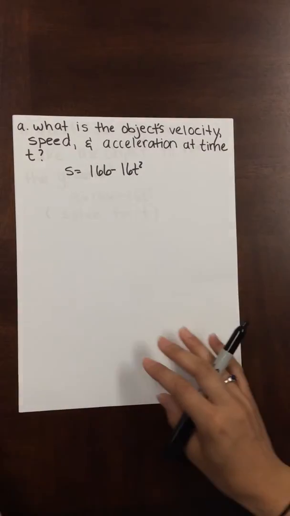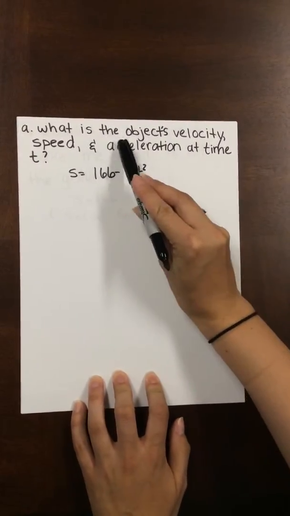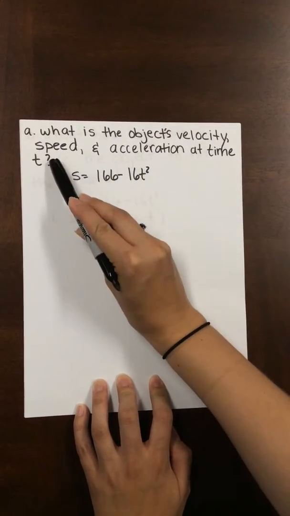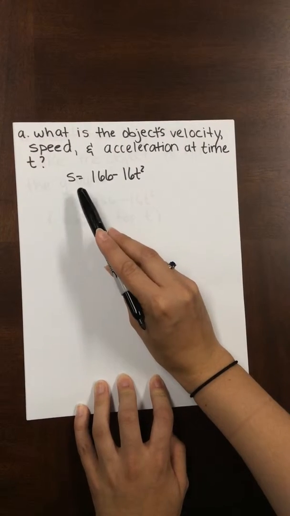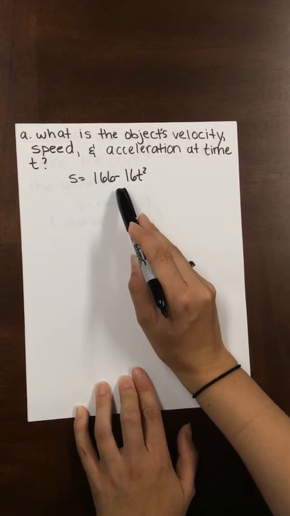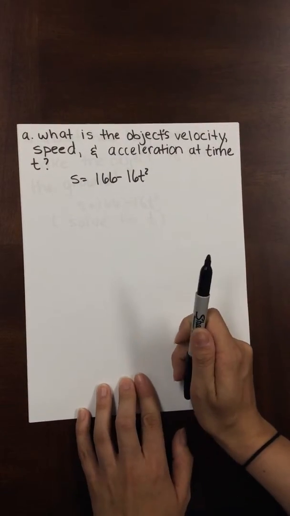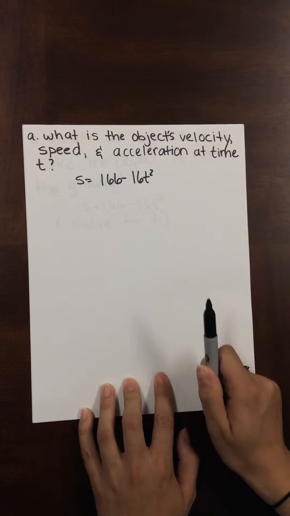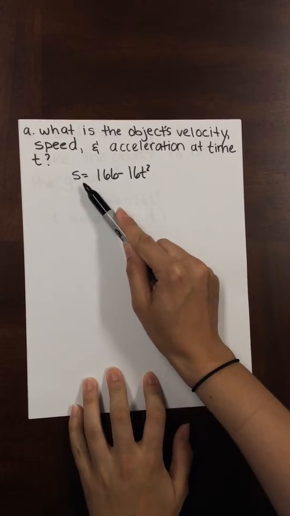So the first section, section A, asks, what is the object's velocity, speed, and acceleration at time t? And I rewrote our equation, s equals 166 minus 16t squared. So, first part is finding velocity, and we find velocity by finding the derivative of our position function.